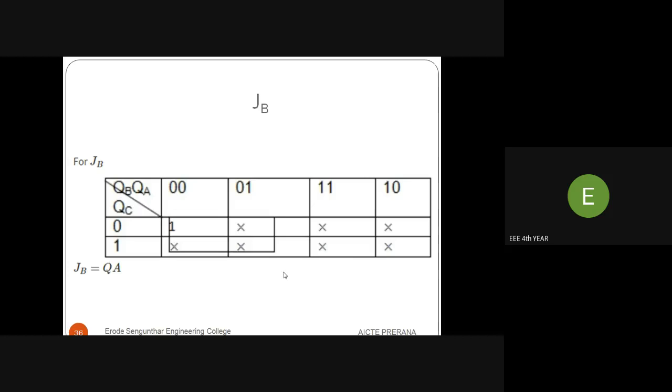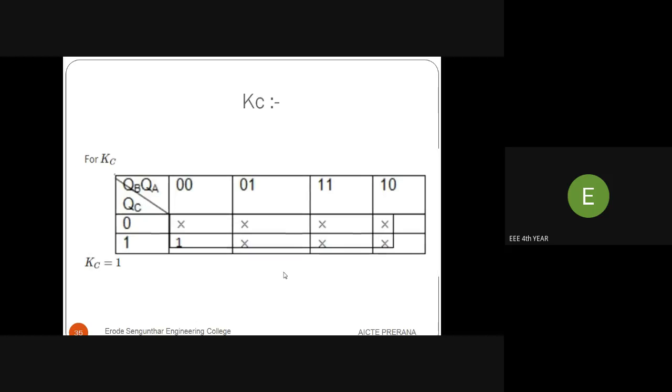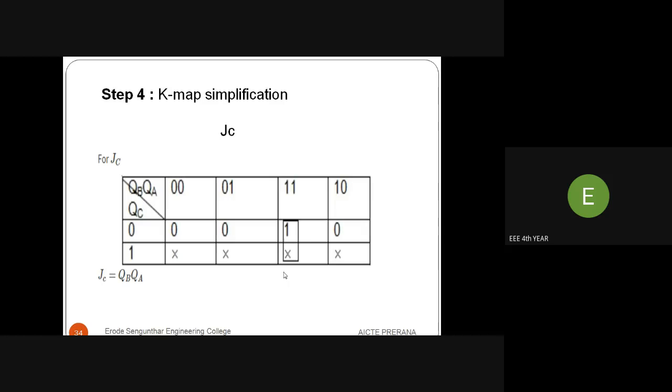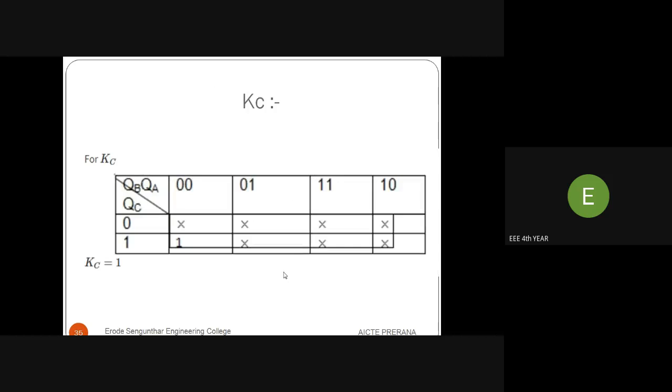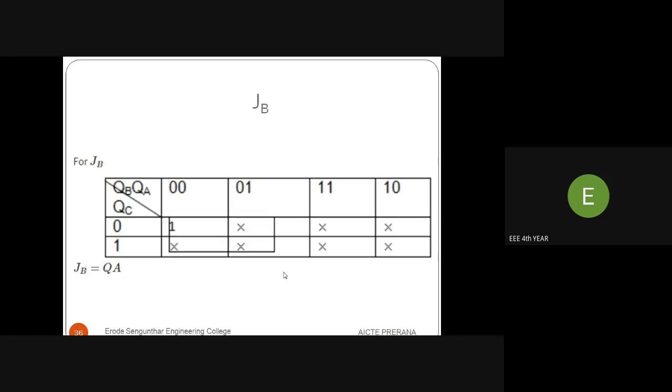So grouping these cells, see in JC we can group as QB QA. JC is equal to QB QA because QB QA is common to both the rows. Likewise, we are deriving the KC value. Here the grouping can be formed together, therefore KC is equal to 1 because all the cells are grouped together.